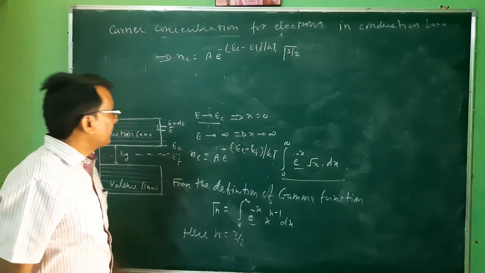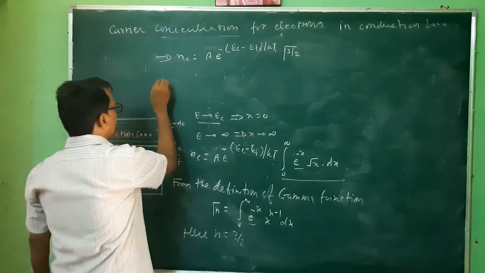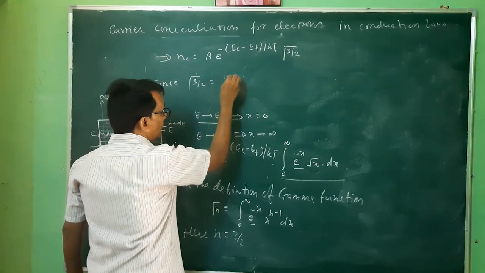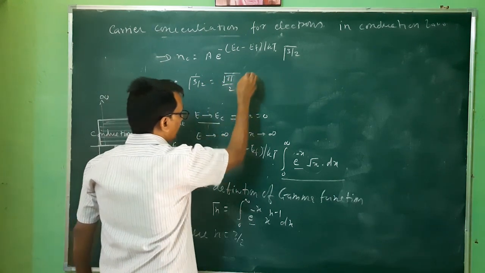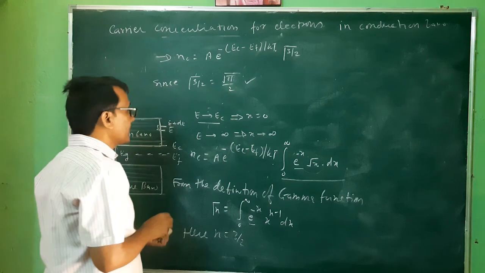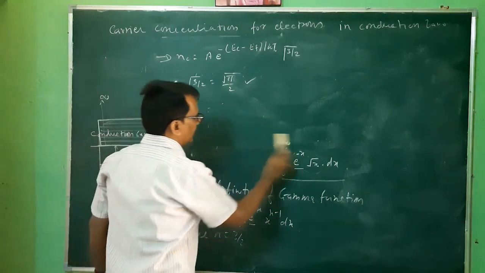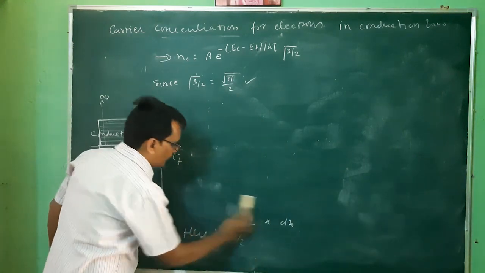Since this gamma function 3 by 2 is equal to root pi by 2, students should also know the value of this.